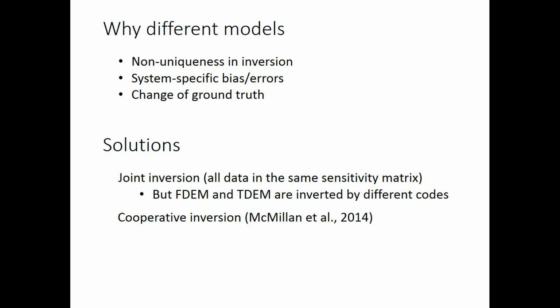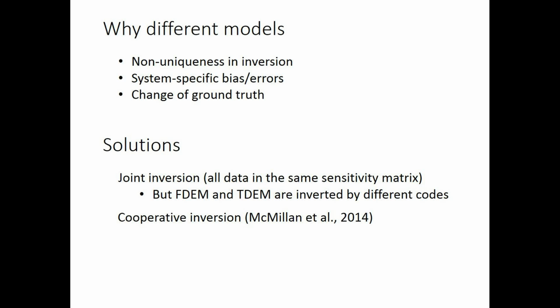Then the next thing you can do is called a cooperative inversion. For this topic, I refer you to a paper written by my colleague, Mike McMillan. In this paper, he described a strategy where, let's say you have two datasets, A and B, you invert dataset A for one iteration and grab the model to feed the second inversion and do another iteration, and take the model back to the first one, then do this back and forth.